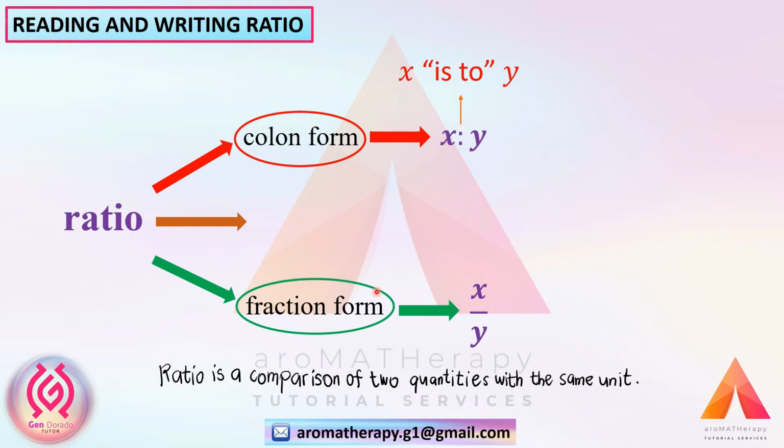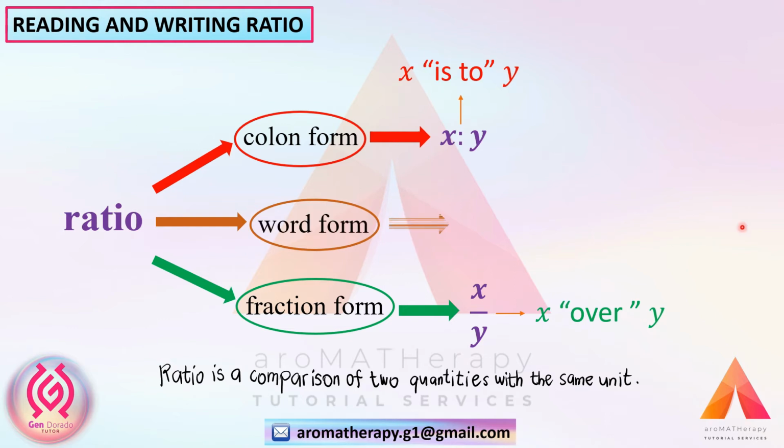And the fraction form is read as, of course, x over y. And the third way we can express ratio is using word form. This is usually written as x to y.